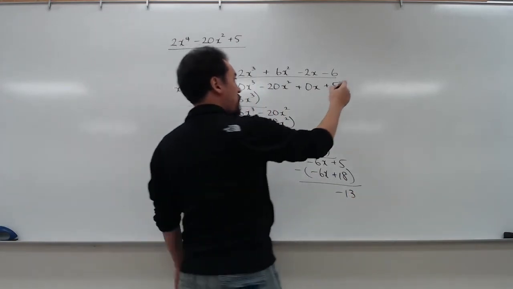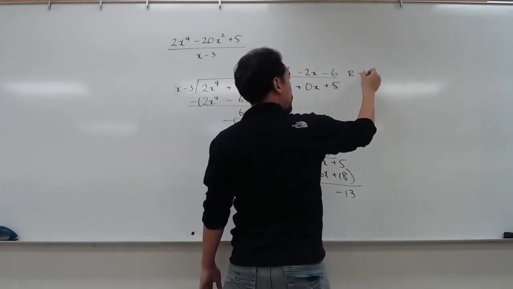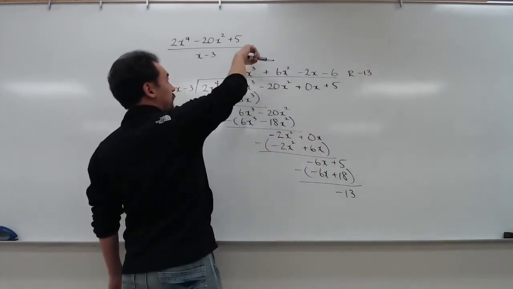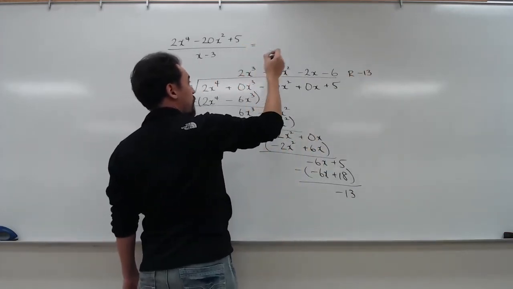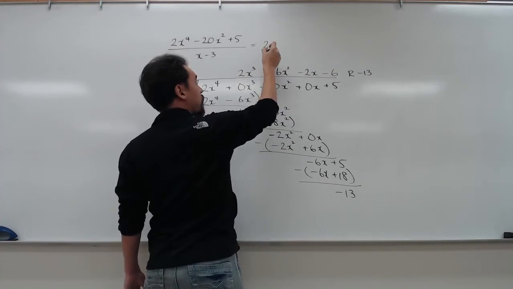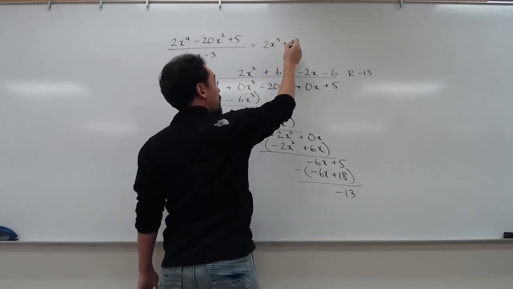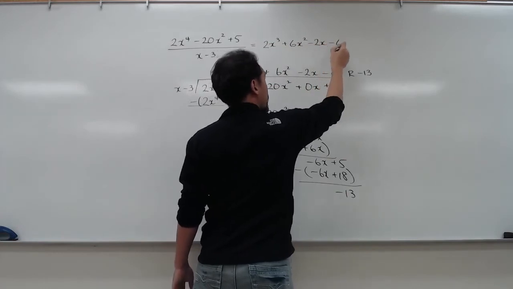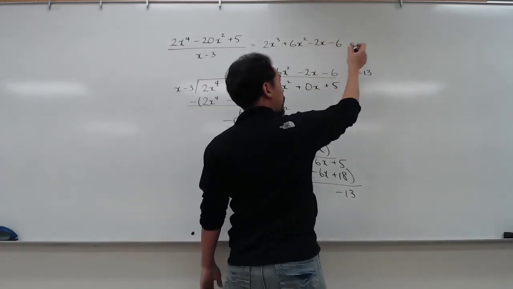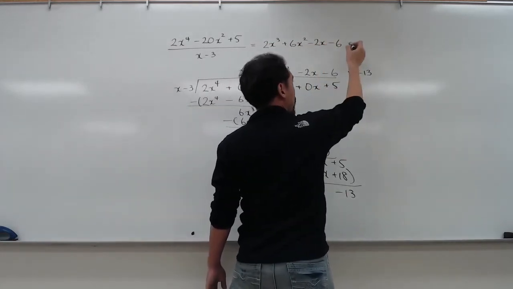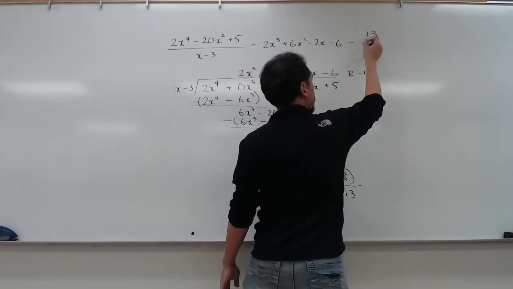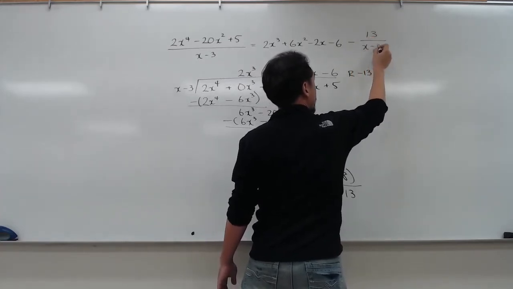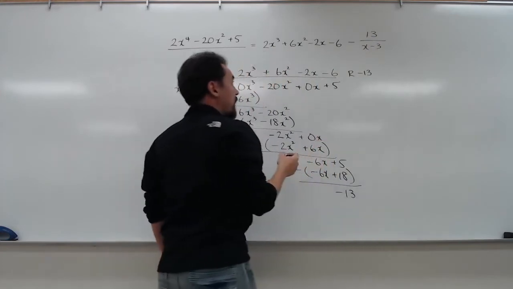So we'll say the remainder is -13, and I'll write this as quotient and remainder. So my quotient is 2x cubed plus 6x squared minus 2x minus 6, and then for the remainder I can do plus a -13, or I can immediately just put -13 like this and understand that this is the remainder.